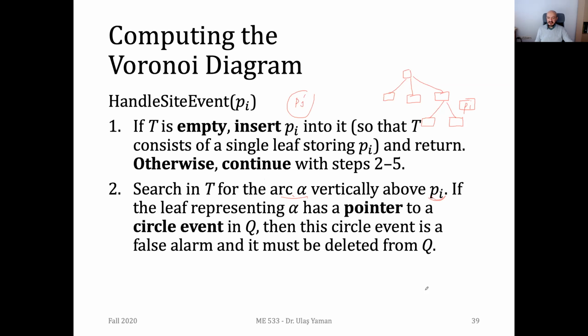If you remember the site events, let's say schematically, assume that this is a site, this site here. Now I will draw a beach line. That is the beach line, okay? But if you come up with a new site, so this is our site event PJ.